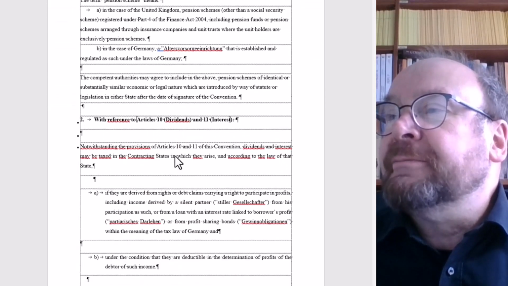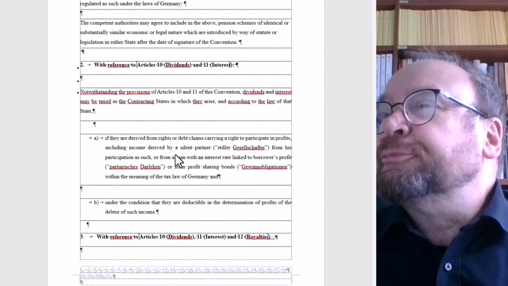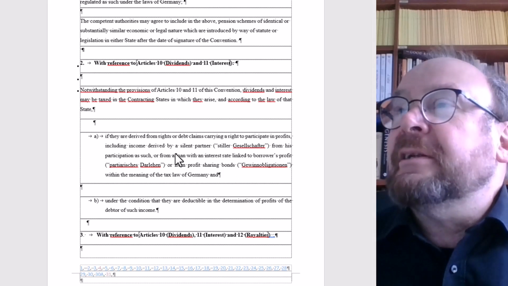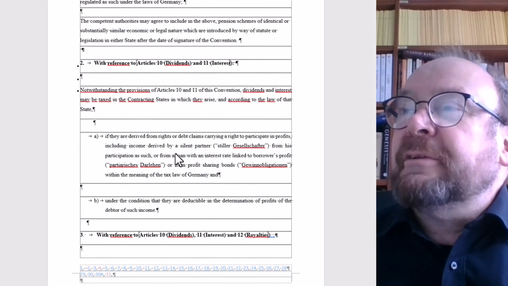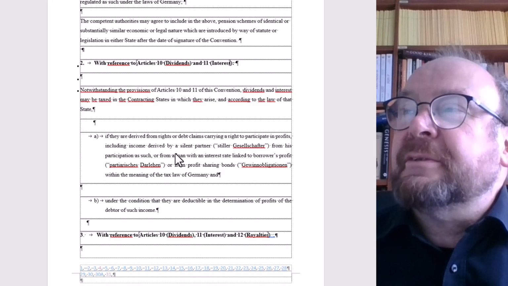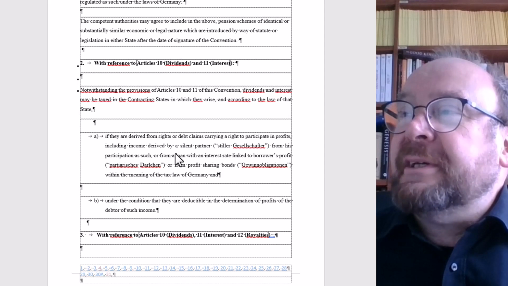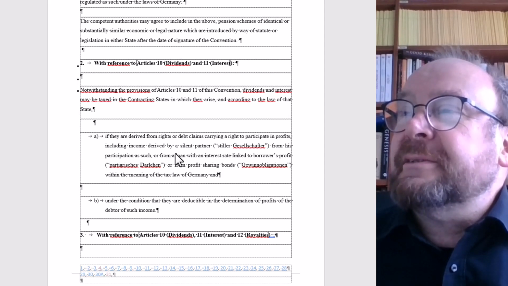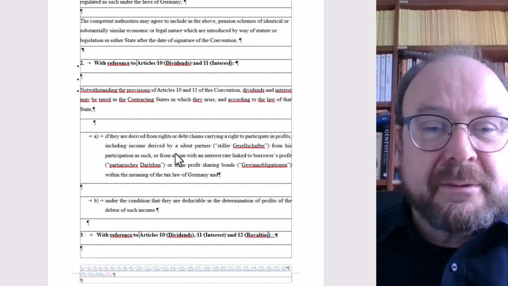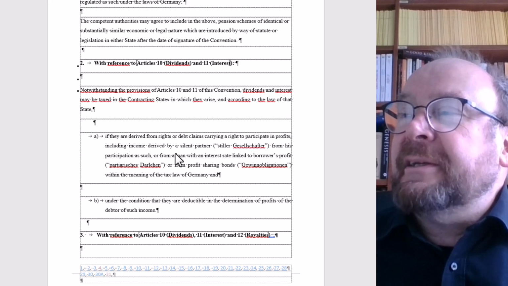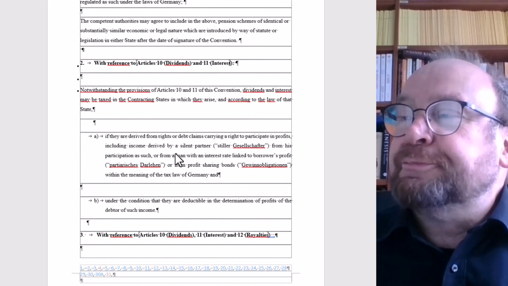That's very nice. And another reference is to 10 and 11. Notwithstanding the provisions of 10 and 11, so in contrast to the provisions of 10 and 11 of this convention, dividends and interest may be taxed in the states where they arise if they are derived from rights or debts carrying a right to participate in profits, so-called silent partnership or partiarisches Darlehen in Germany or something like that.